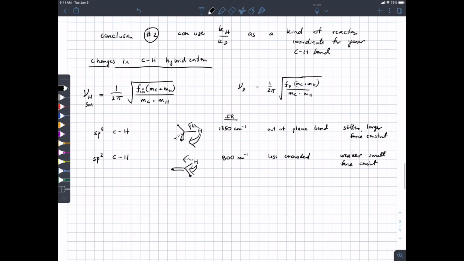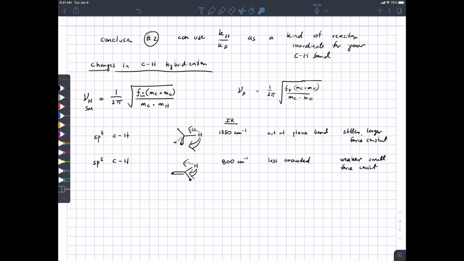Okay? So what's that going to do if we look at differences in energy of that vibration from product versus starting material? If the force constant decreases as I go to product, my vibrational frequency is also going to decrease.